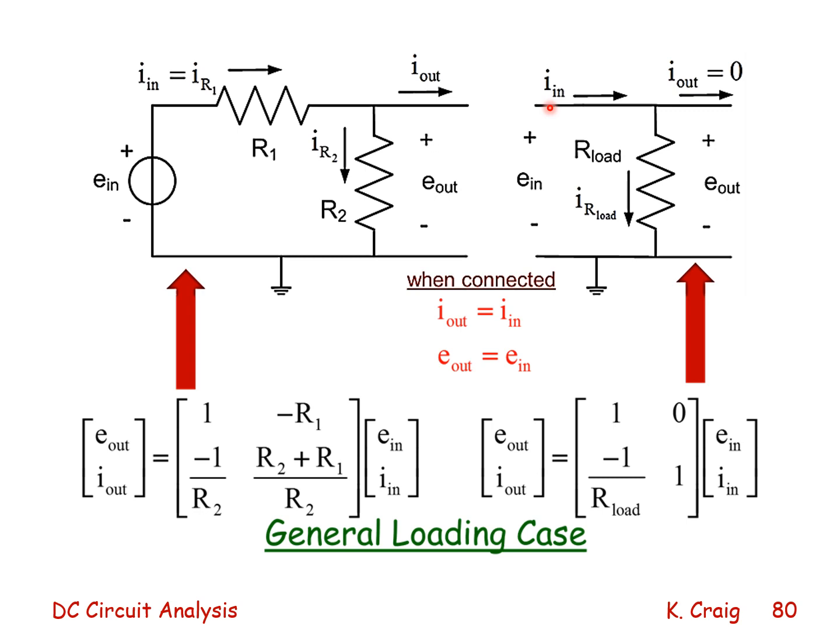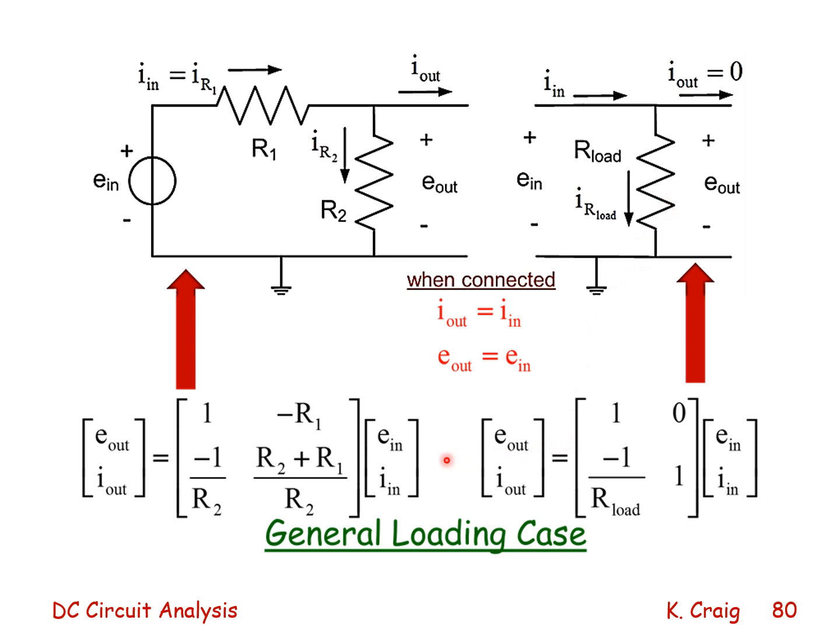And rather than having to connect these two circuits and do an analysis of the combined circuit, I can use the matrix representations for each. Here is the matrix representation for the ideal voltage source and the voltage divider. Here is the matrix representation for the real voltmeter.